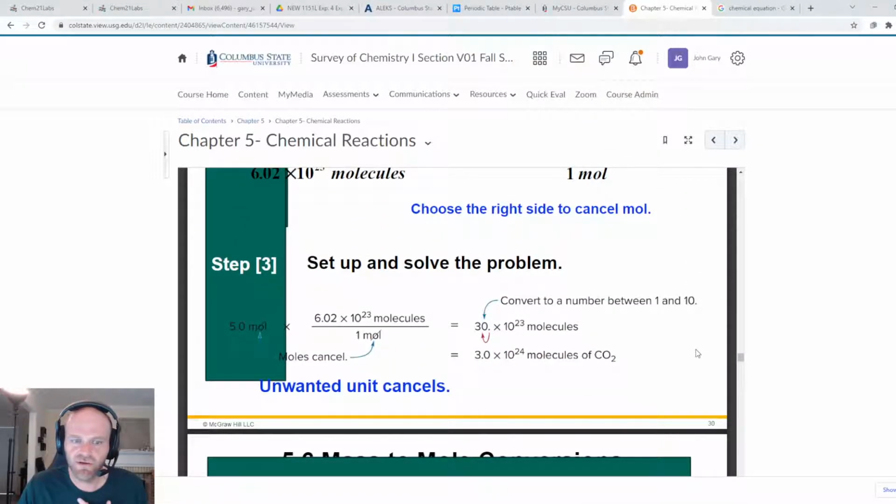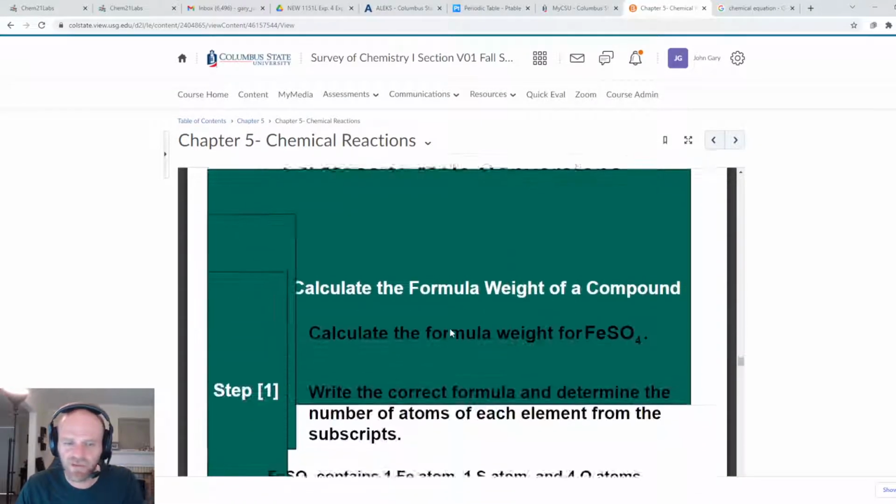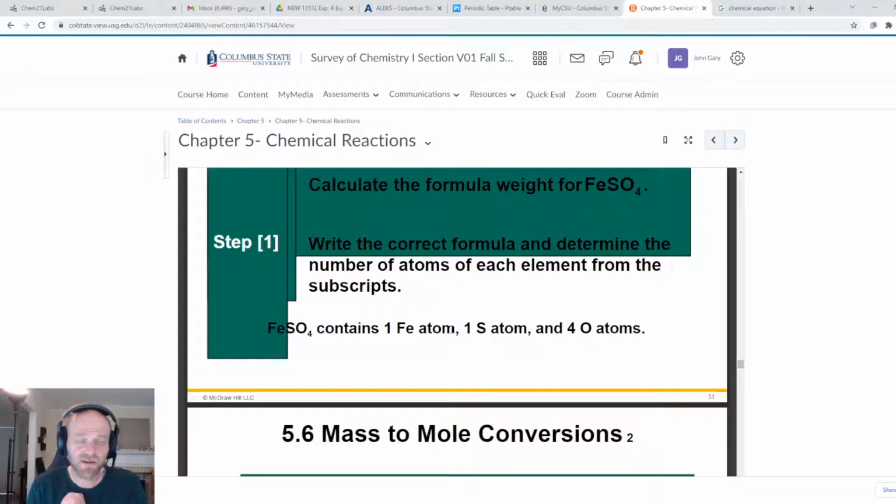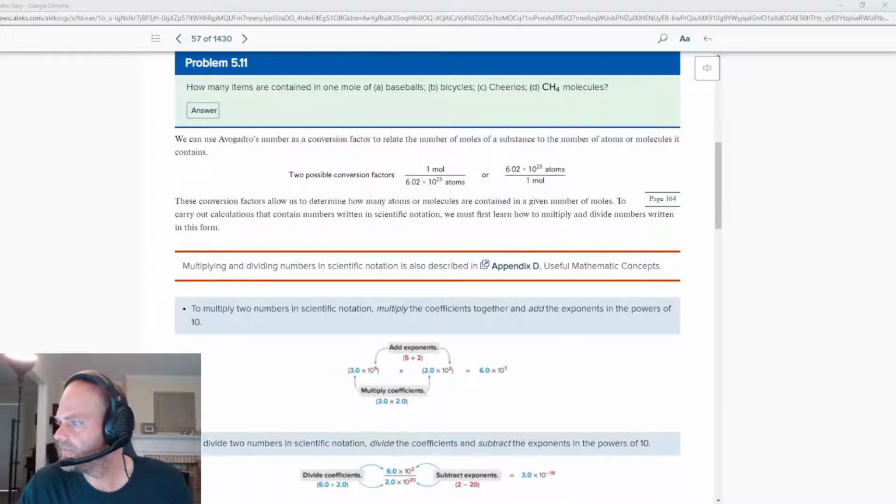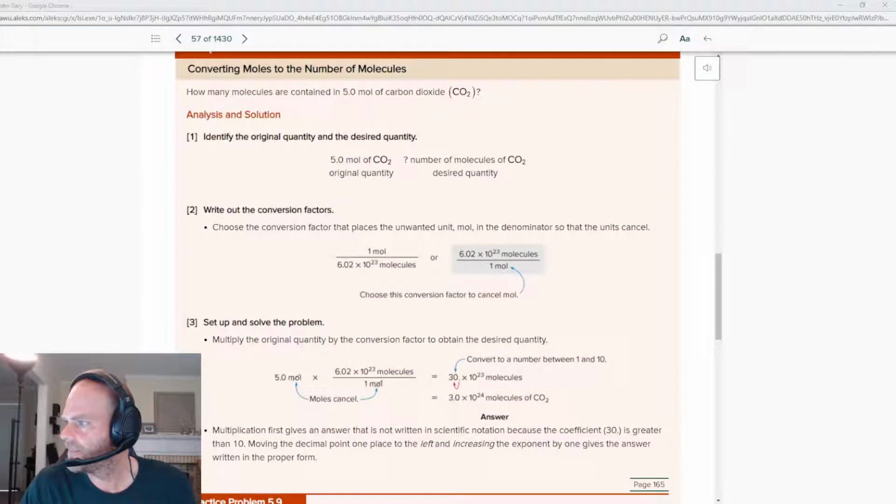Okay? And that's what they set up here. As I say, you can open this up in Microsoft Office and it shouldn't be stacked up on top of each other. It shouldn't be that way anyway. I'm going to go to the text where it's a little clearer. Yeah, so 5 times 6.02 times 10 to the 23. And that'll give you the number of molecules that you have there.